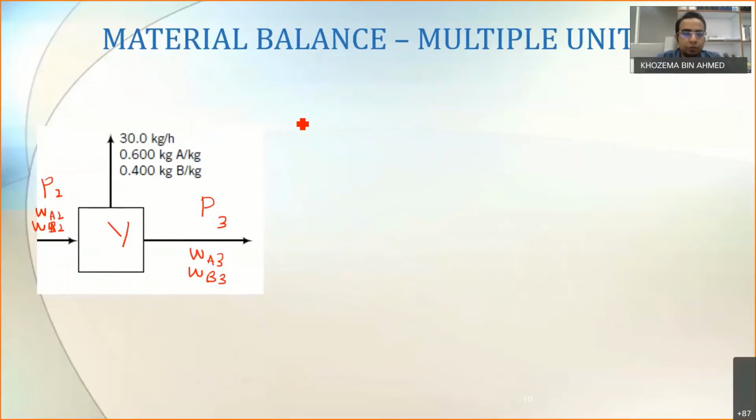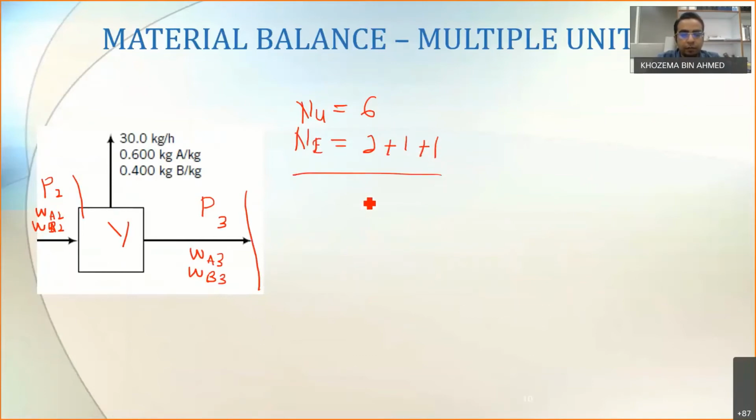So if we do degree of freedom analysis just on this unit, I know that my number of unknown is equal to 6 again, because 1, 2, 3 is over here and 4, 5, 6 is on this part. My number of independent equations, again, is 2 plus 1 plus 1. So again, I have a degree of freedom equal to 2.